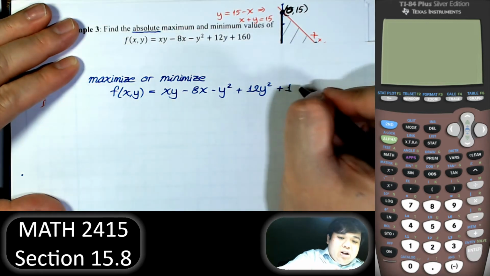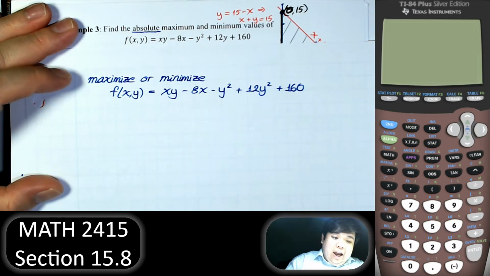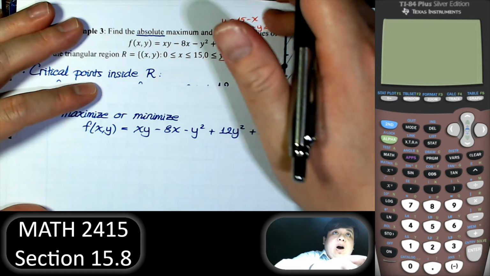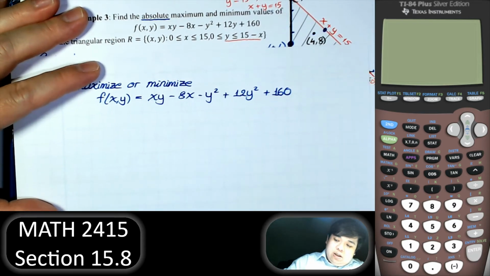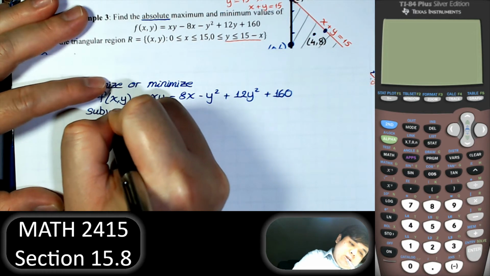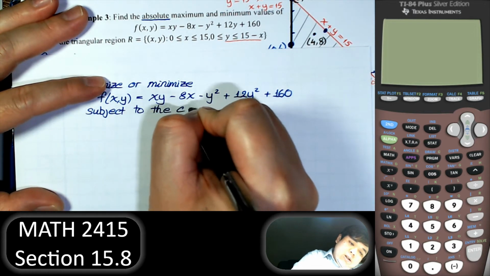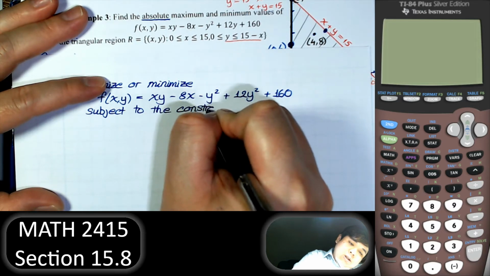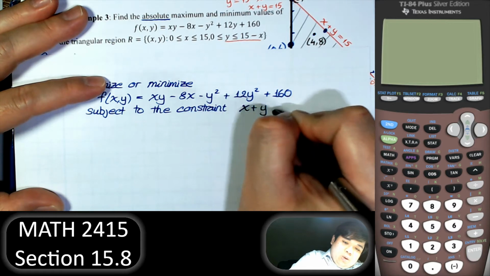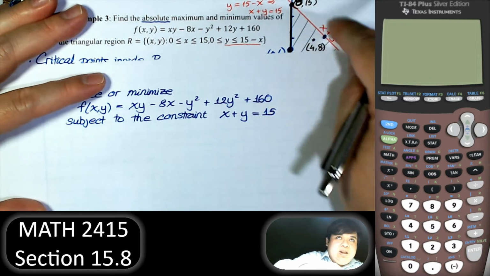So we have the objective function, and then we find the maximum and minimum on that boundary. So this is subject to the constraint x plus y equal to 15, which is this line.